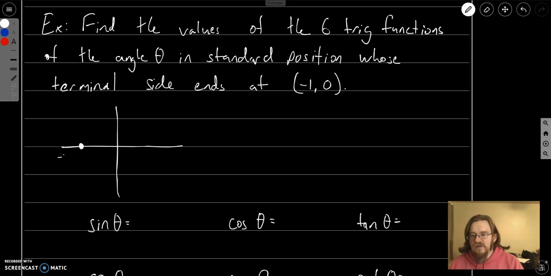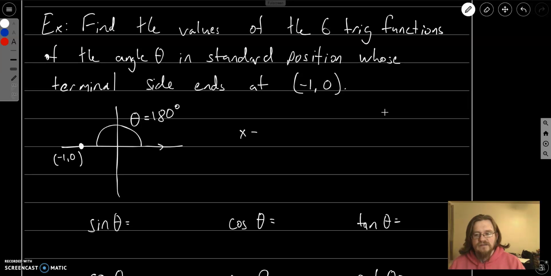So here we have the point -1, 0. And the angle that we're looking at, again, starts along the x-axis, which is the initial side, and goes to the terminal side, which is right here. So this angle happens to be 180 degrees. So it's exactly a straight line here.